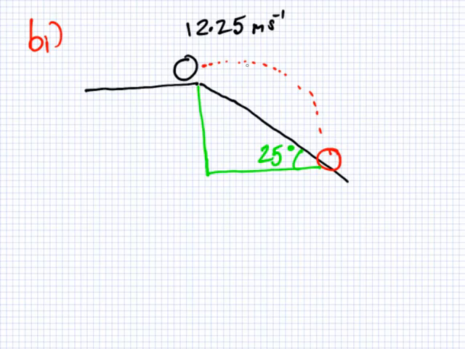Is that the speed or the velocity? The speed and velocity, because it's going like this horizontally. And we want to know the distance here.